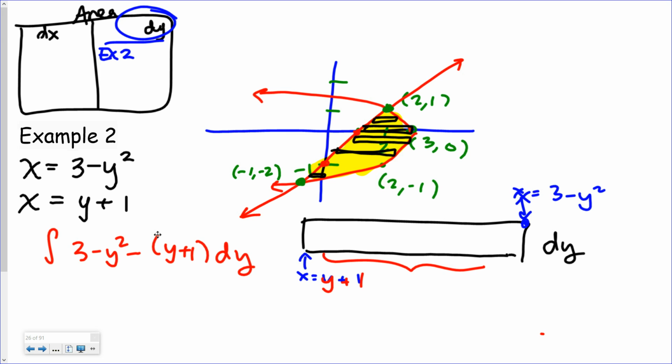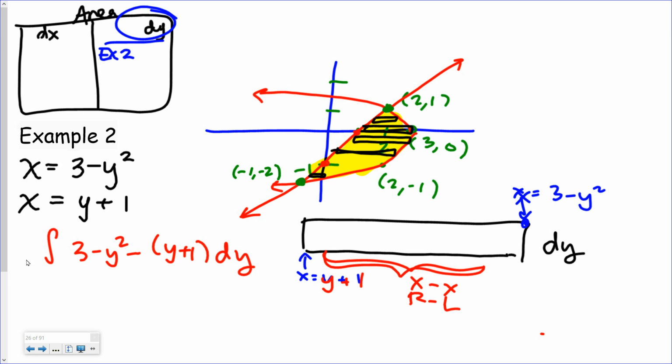Are you guys with me on that? Because this is just the area of a rectangle. The area of the rectangle is this length right here. And what is this length? This length is x minus x, the right minus the left, times dy, that's the width.